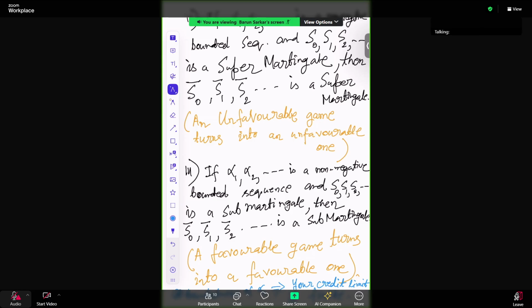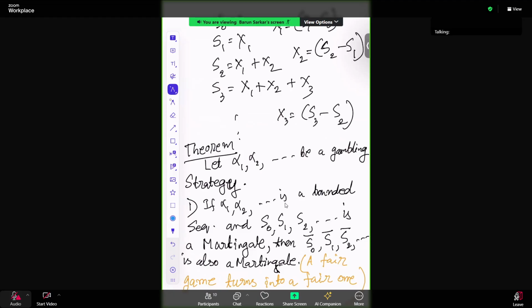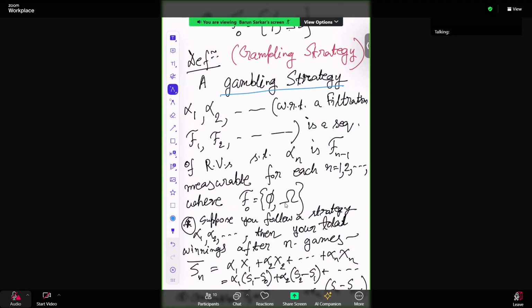See, the way the gambling strategy is defined, these alphas are F n minus one measurable, right?